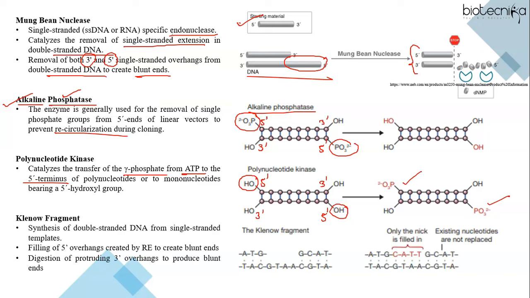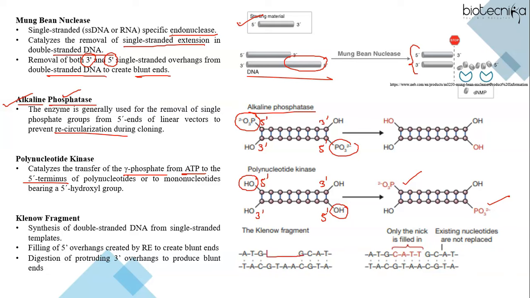Lastly, Klenow fragment. Klenow fragment is a DNA polymerase. Basically, when you treat Escherichia coli DNA polymerase 1 with a mild protease, it results in two fragments, one larger fragment, another smaller fragment. The larger fragment has polymerase activity as well as exonuclease activity in 3' to 5' direction. We call it Klenow fragment.